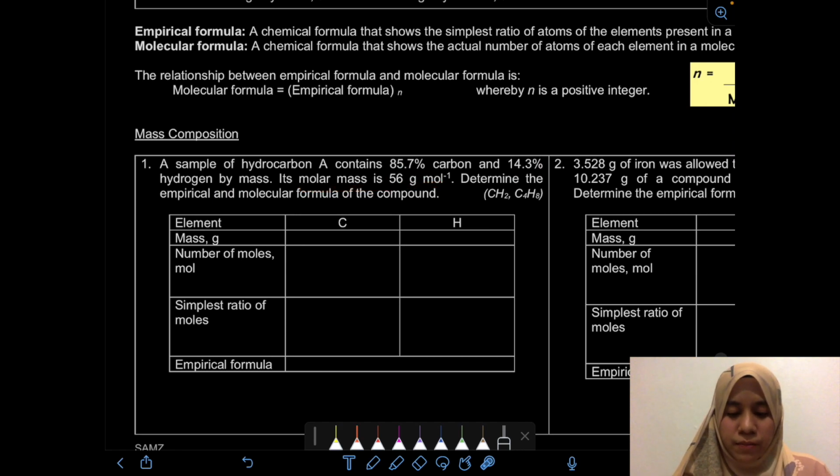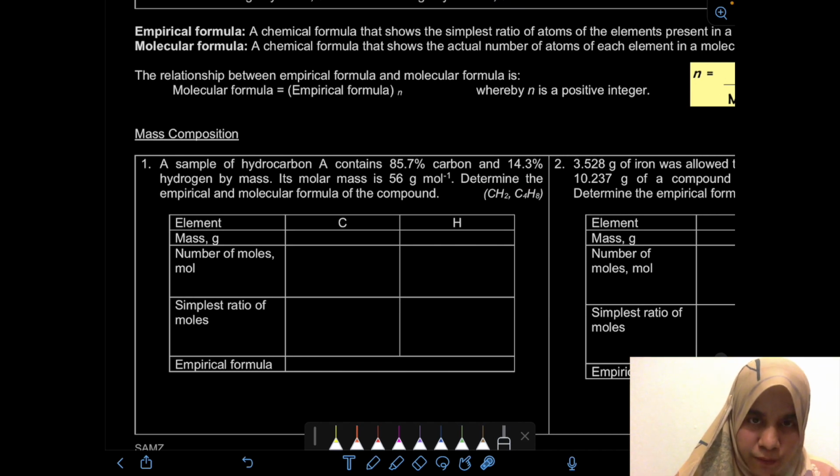Then it says determine the empirical and molecular formula of the compound. First, we need to find the empirical formula. In this case I have provided the boxes to you, but for the exam, you have to know them yourself.